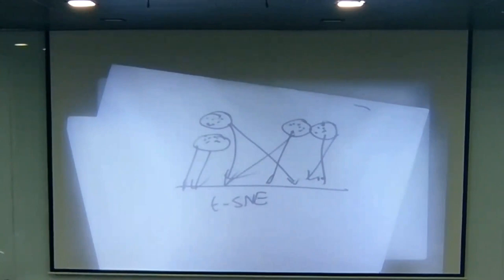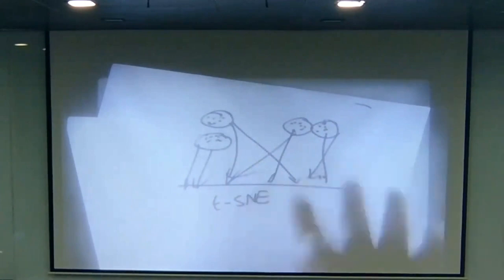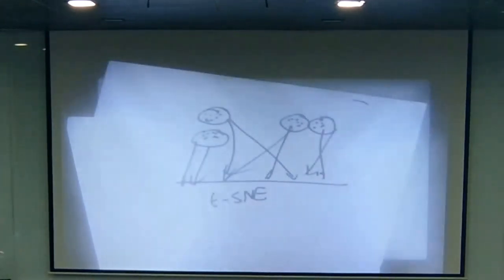If you're from the same cluster, you stand together. If two clusters are close together, then they also find themselves close to each other, but in a reduced dimension. That's called TSNE in this case. There are other techniques that do this, but TSNE is, I would say, the most popular right now.